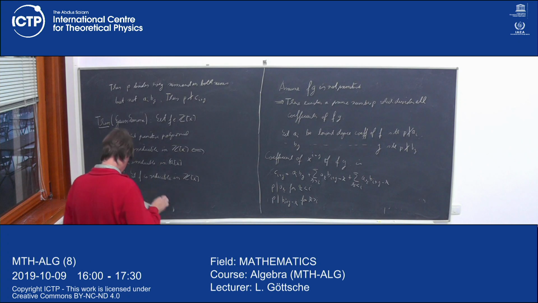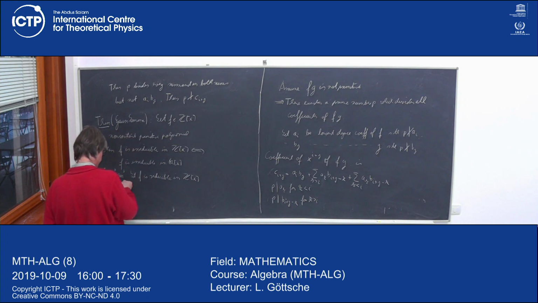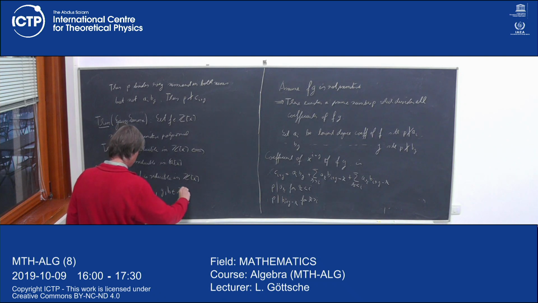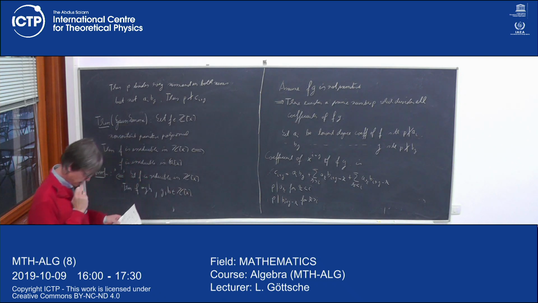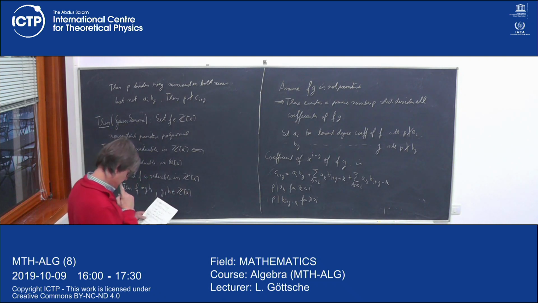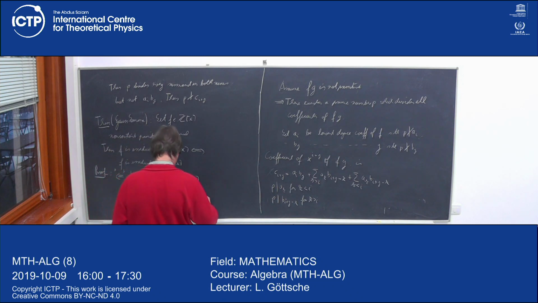Namely, you can write f equal to g times h, with g and h polynomials in Z[x], and both g and h are not units in Z[x].